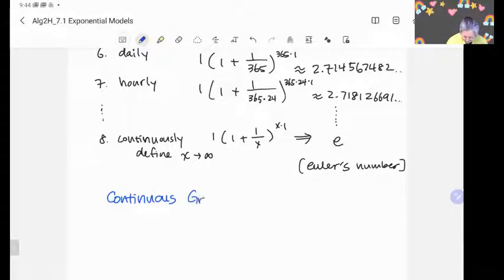Then with this investigation, we can have our model of continuous growth, or especially the compounded interest model. You will get this amount of money with the principal invested, and the exponential factor is the lowercase e, Euler's number, raised to the power of rate r times t.